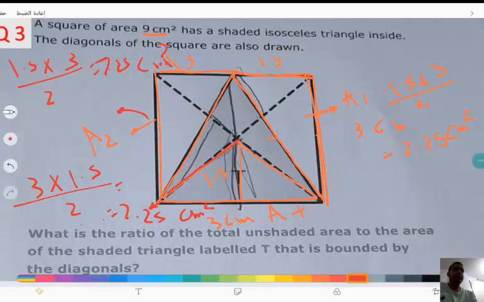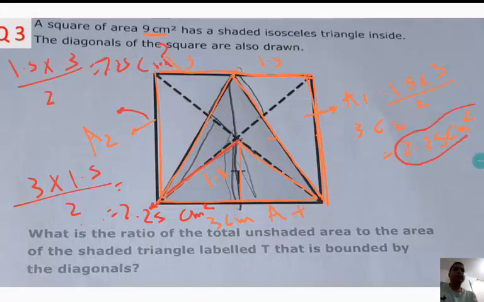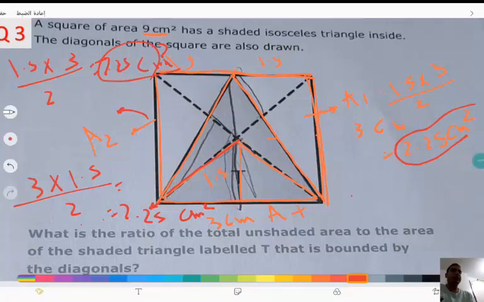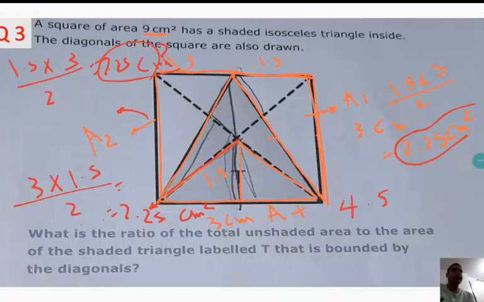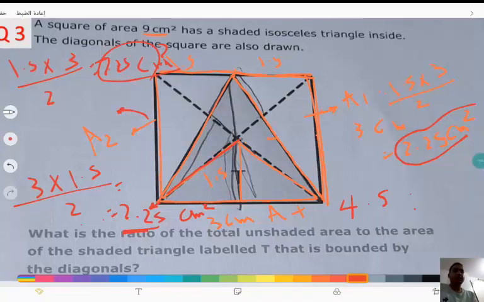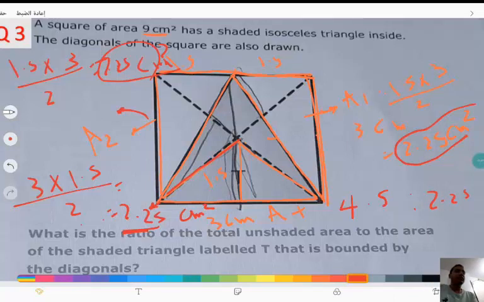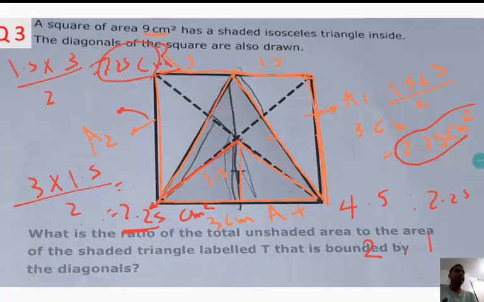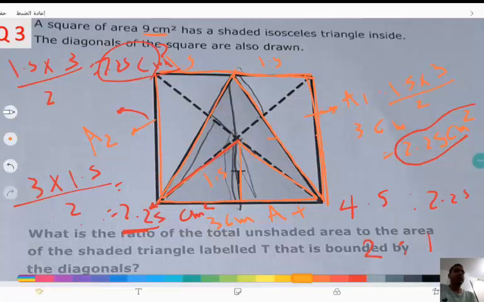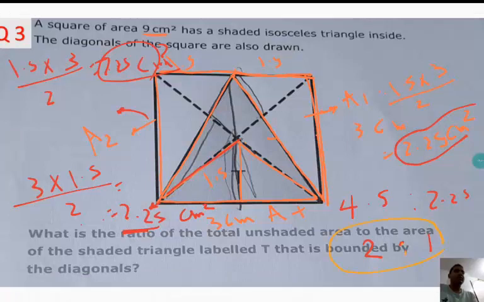That means the unshaded area is 2.25 plus 2.25, which is 4.5, to the area of T, which is 2.25. When you simplify this ratio it is 2 to 1, so the ratio is 2 to 1. That's it.